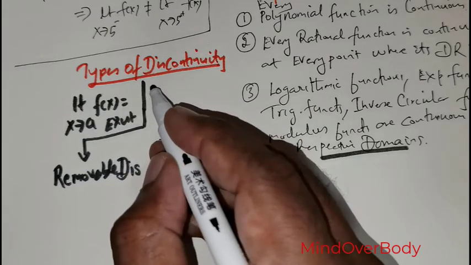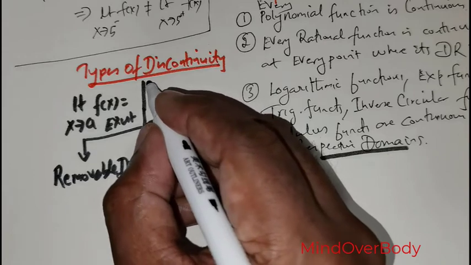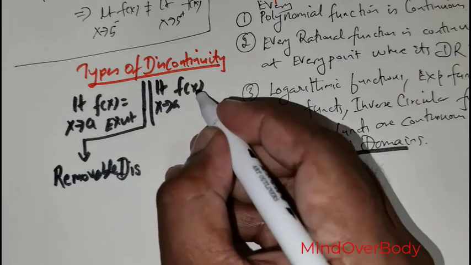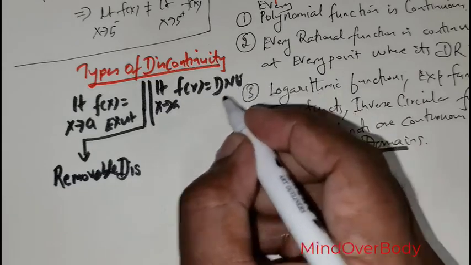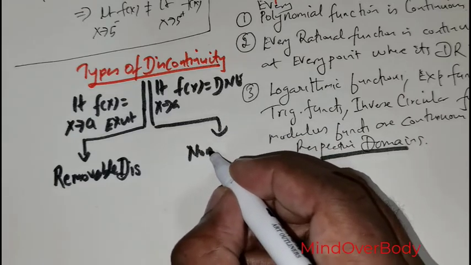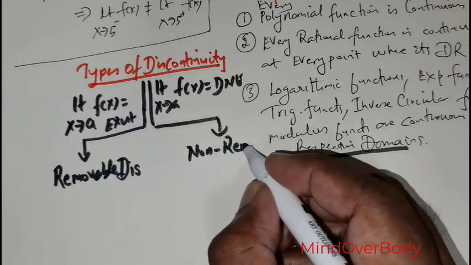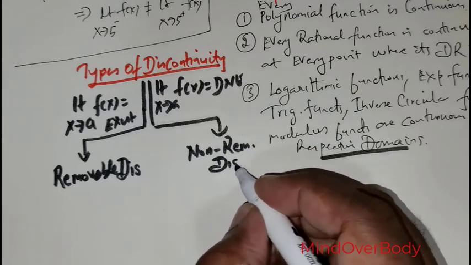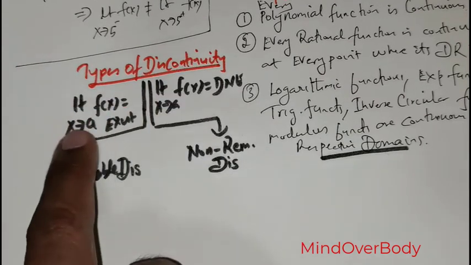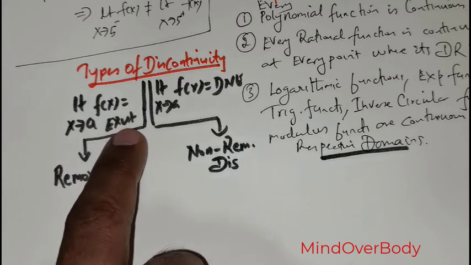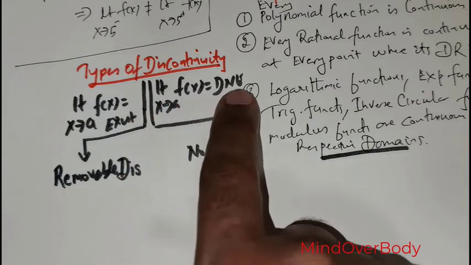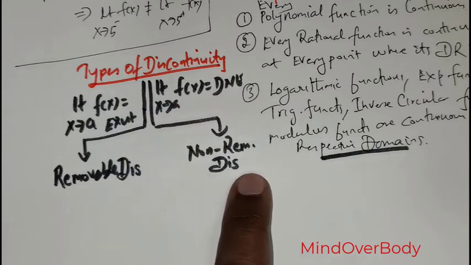If the limit x tending to a of f of x does not exist, then that would branch off to what is called non-removable discontinuity. So we start with finding the discontinuity, and if the limit exists, then we have removable discontinuity. If it doesn't exist, we have non-removable discontinuity.